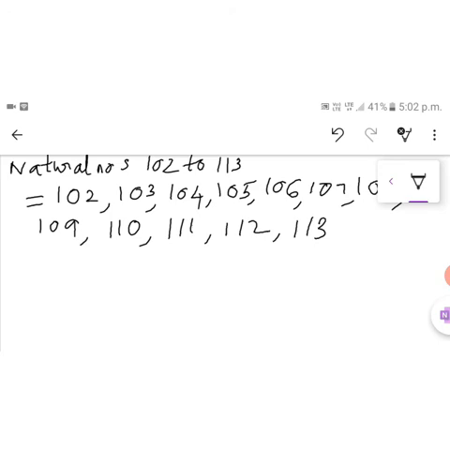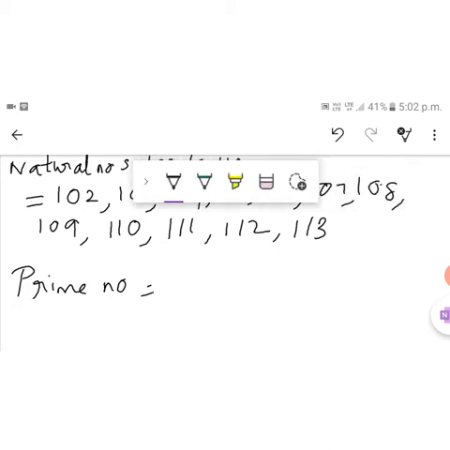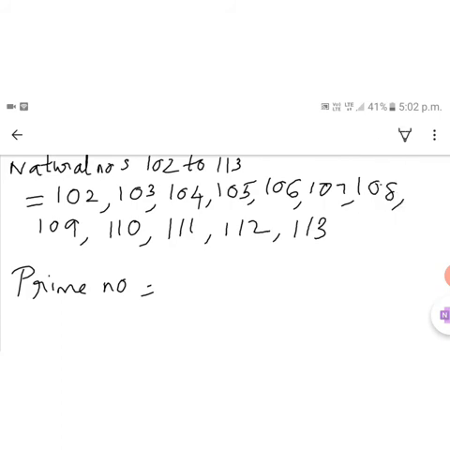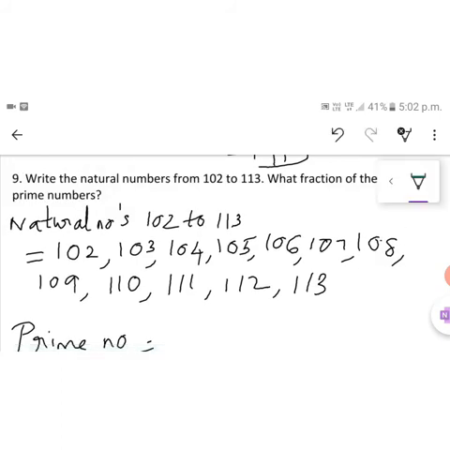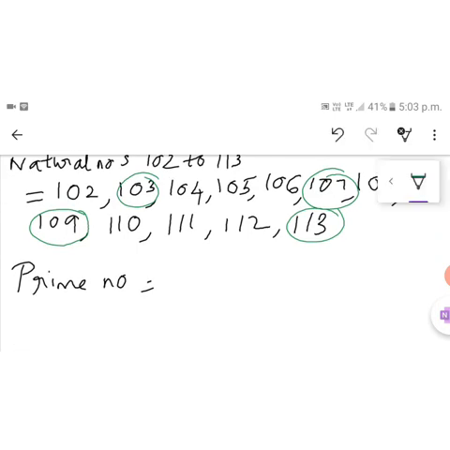Prime numbers from these are 103, 107, 109 and 113.